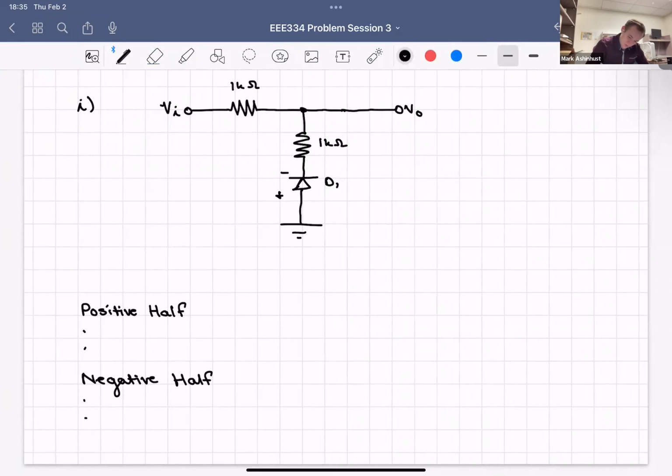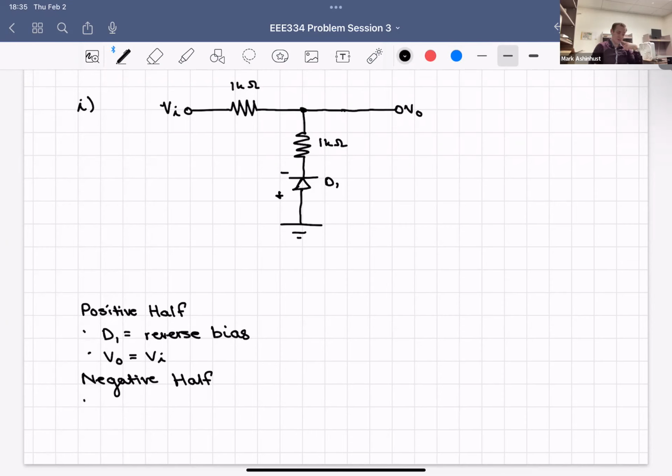This means it's open, non-conducting, which means technically that 1 kilo ohm resistor is dangling. So our V out is going to equal our V in. That 1K resistor is just hanging off.